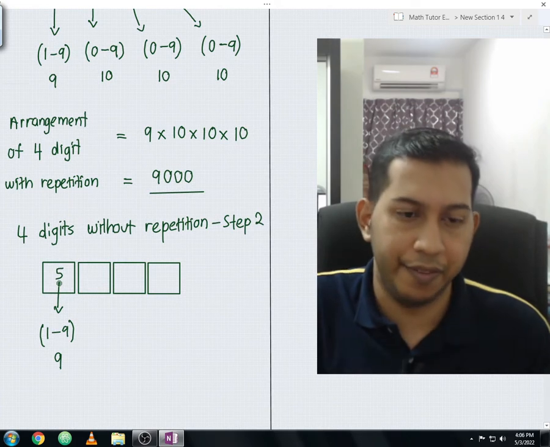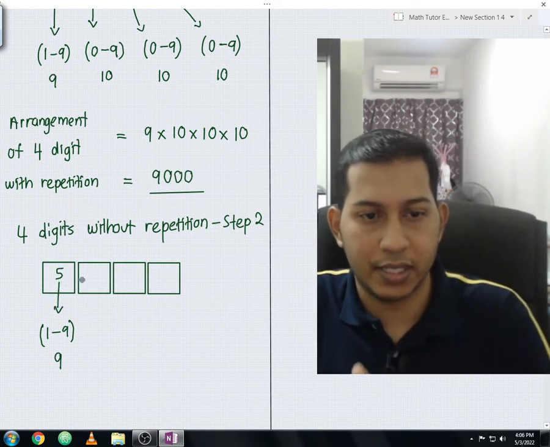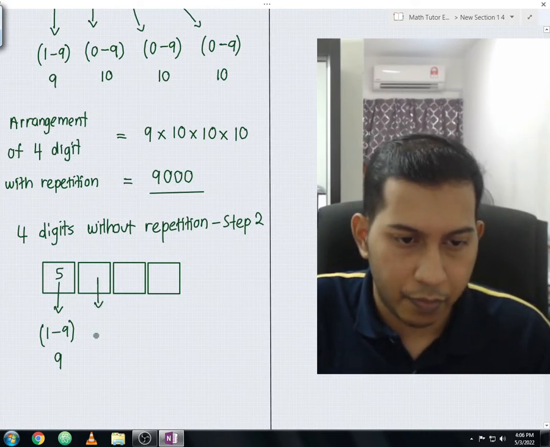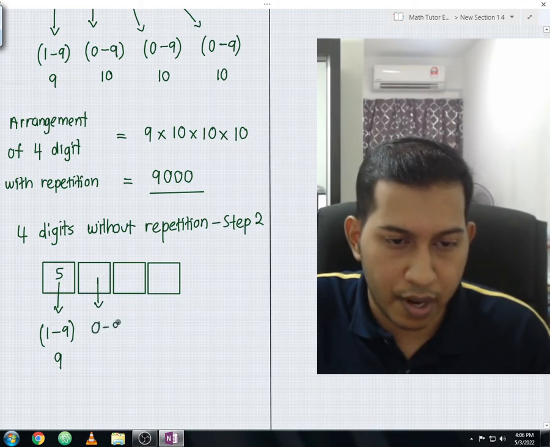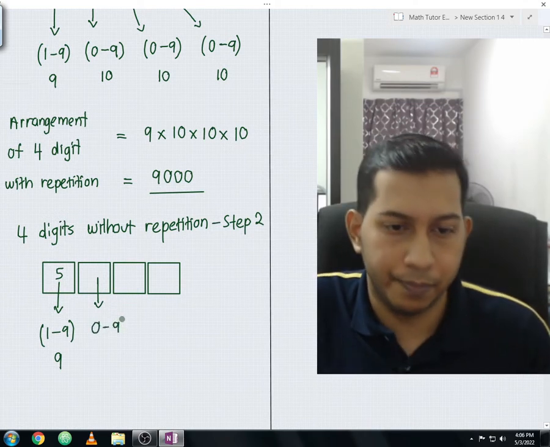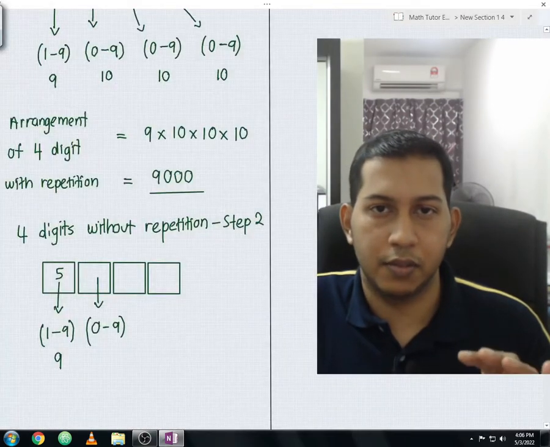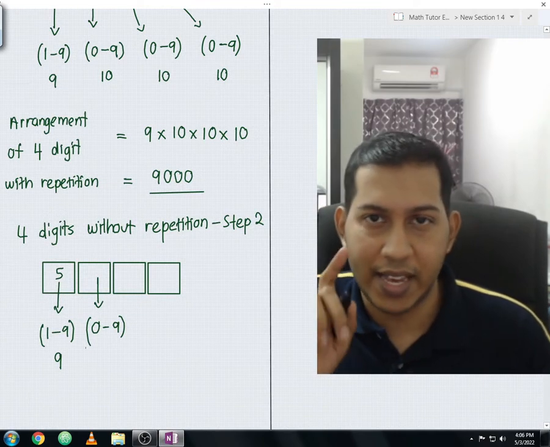So when you want to move on to the second digit, now you can set your numbers from 0 to 9. No problem. So 0 to 9, you have a total of 10 numbers.